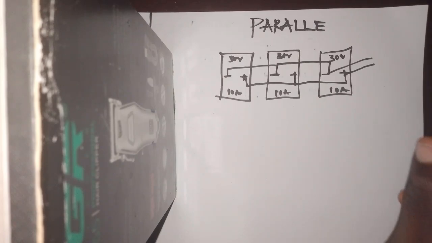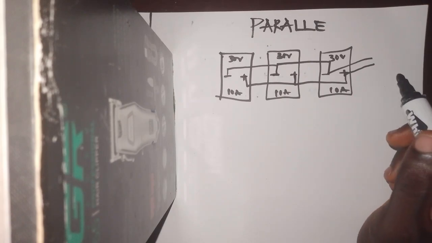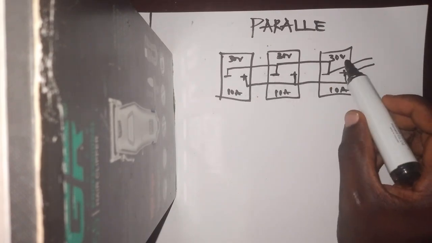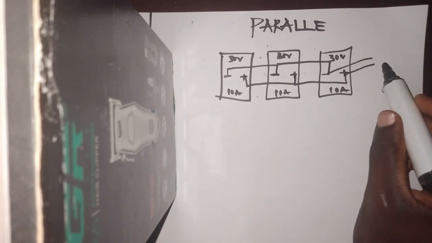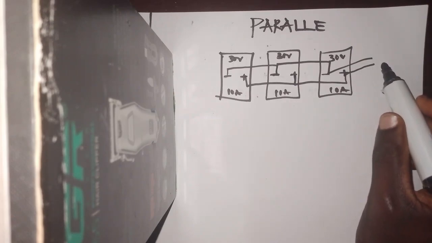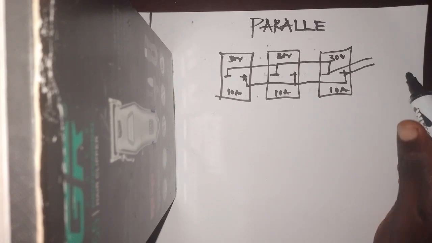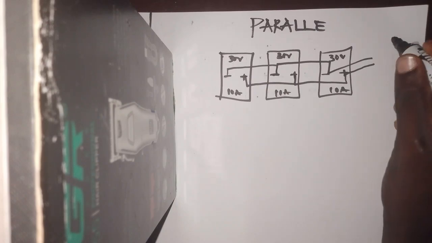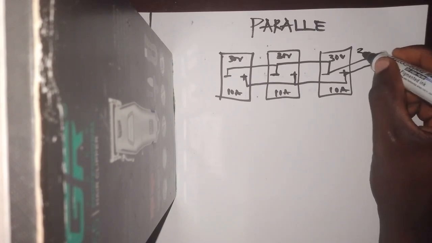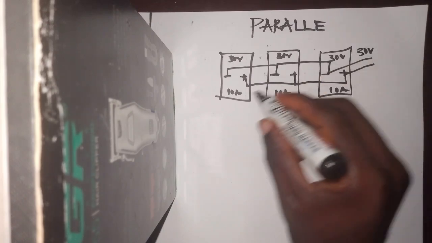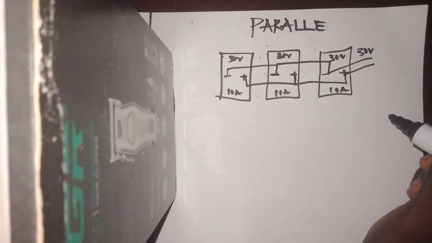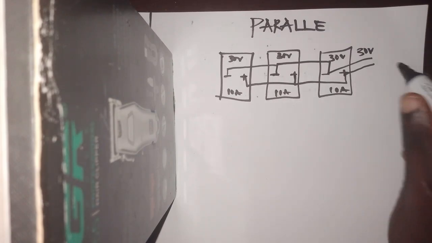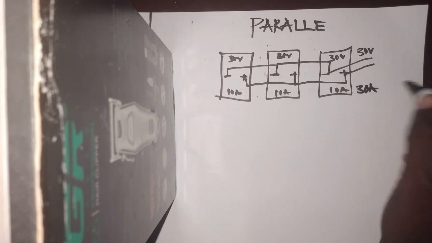So what will now be the result from this connection? The voltage will remain the same, while the amps will increase. The voltage will now be 30, while the amps will now add up to be 30 amps.